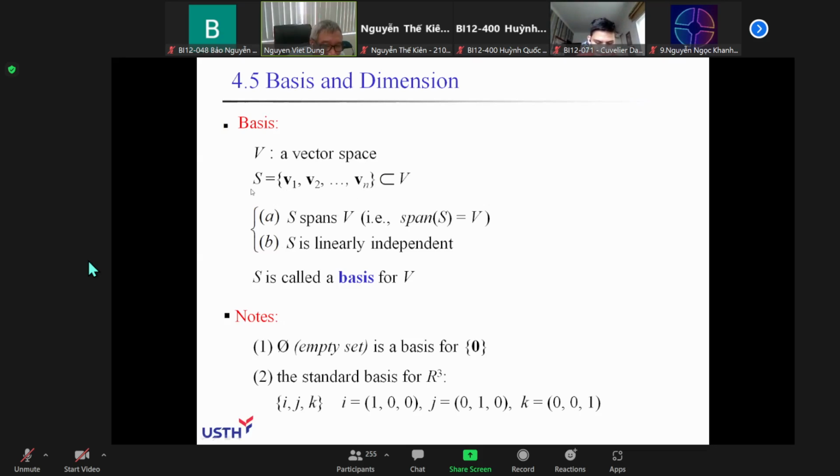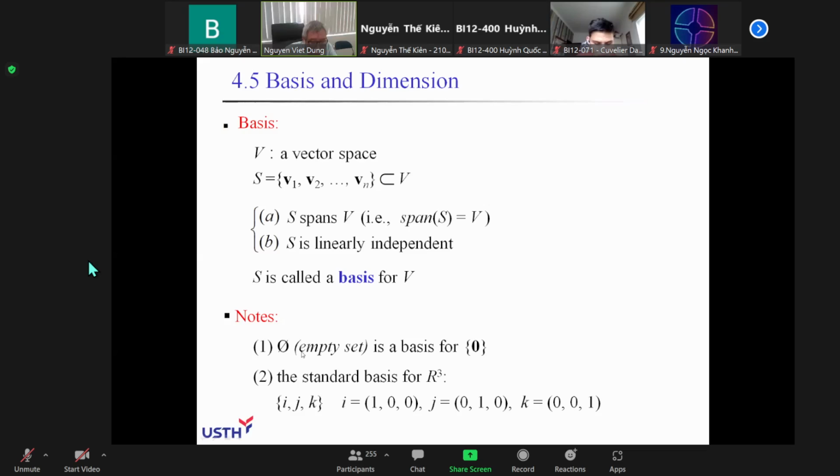If S satisfies two conditions A and B at the same time, then S will be called a basis for V. A says that S is a spanning set of V, and B says that S is linearly independent. So those are the two requirements for a set to be a basis.